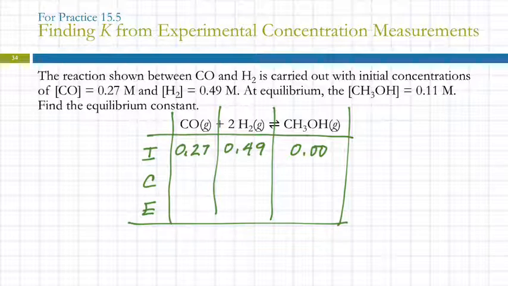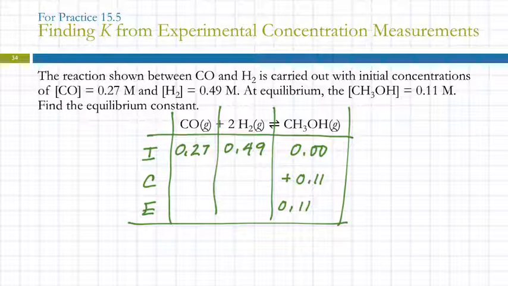Now, we're told at equilibrium that that product concentration is 0.11. So we're going to look at the methanol, the CH3OH. It started at 0, and it went to 0.11. So what was the change? It increased by 0.11, right?